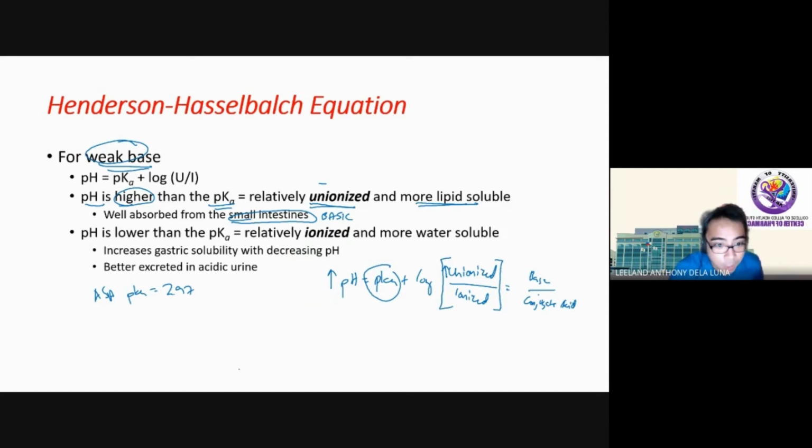Sige, ang pH ng GI mucosa ko is 5.7. Okay? If I expose class my aspirin in the GI mucosa, whose pH is 5.7, okay, majority of my drug will exist in its what form?